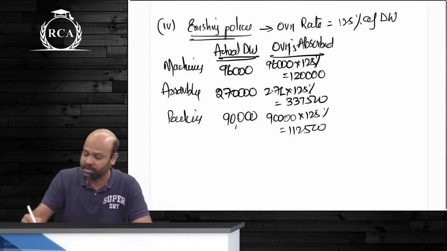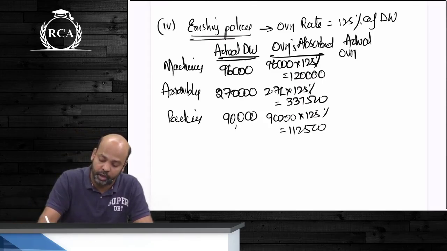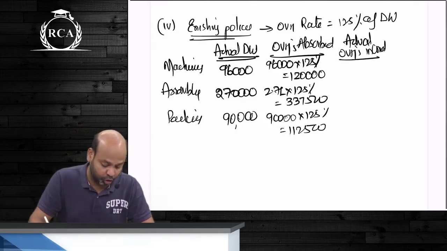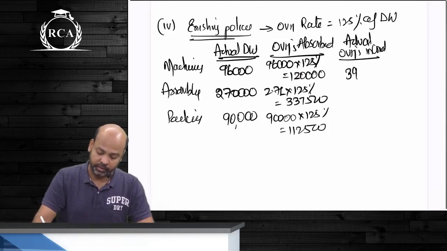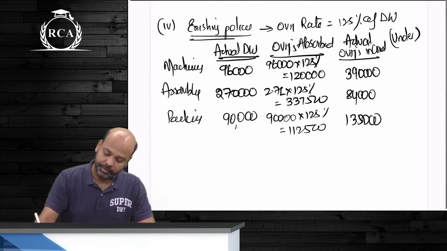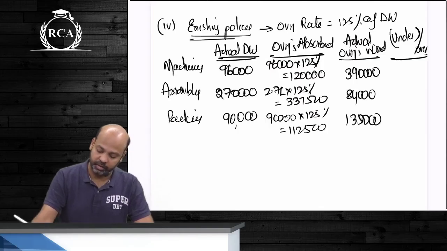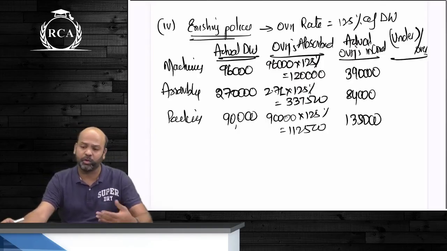Correct? How much are your actual overheads incurred? To compute under or over recovery, you will always compare that with actual overheads. How much is the amount of actual overheads incurred? 3,90,000, 84,000. Under recovery अगर है तो minus लिख रहा हूँ बेटा brackets में, over recovery है तो positive. In the first division guys, you have incurred 3,90,000, but we have absorbed only 1,20,000.